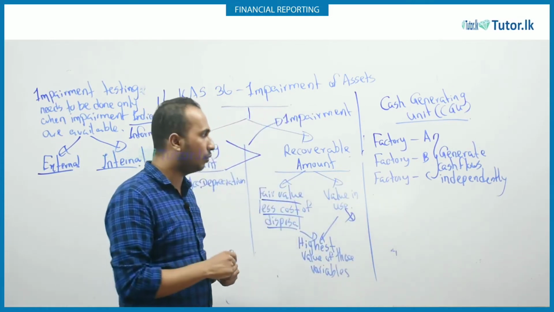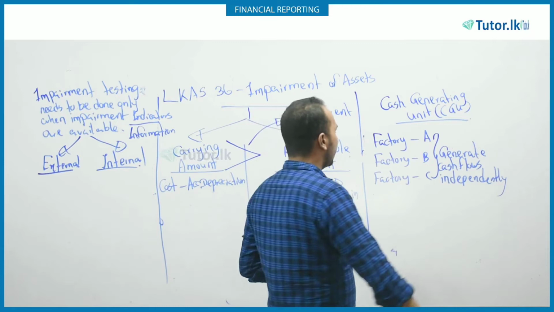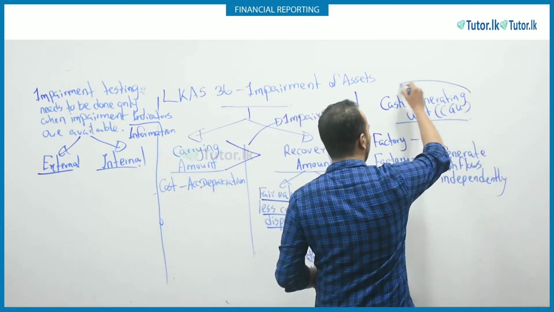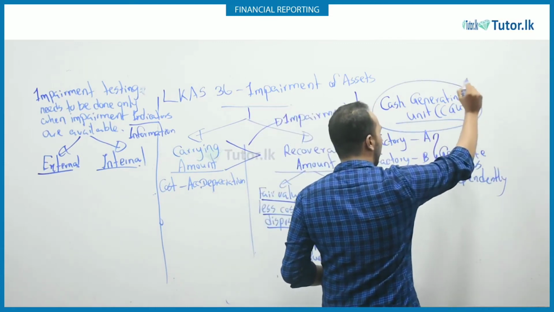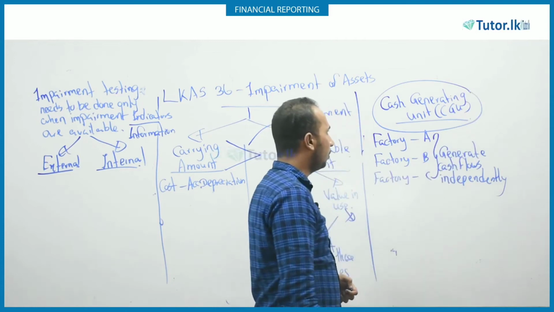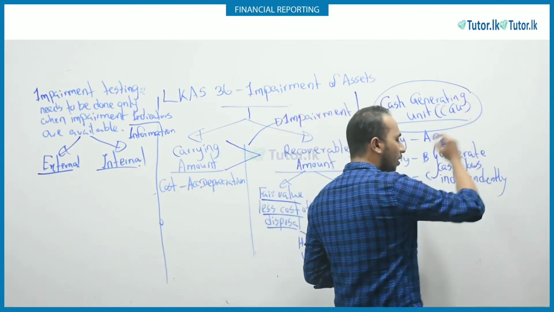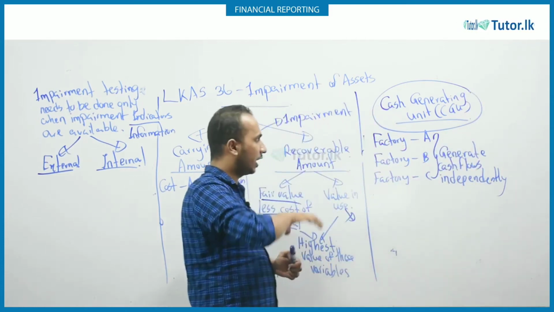Therefore in some situations we have to use the cash generating unit concept for what? Impairment testing. In that situation, we are taking all the assets under a cash generating unit.